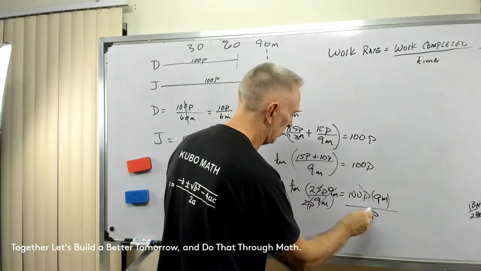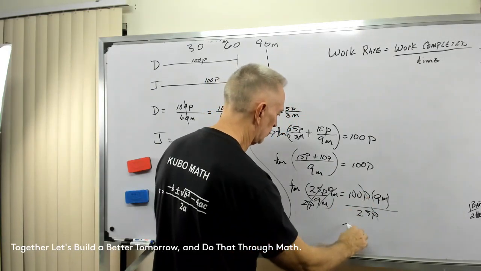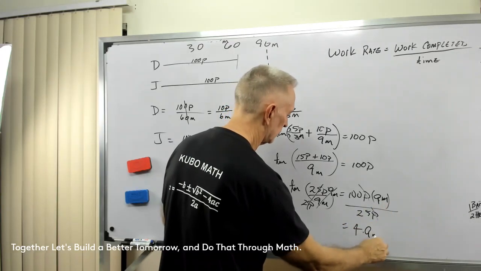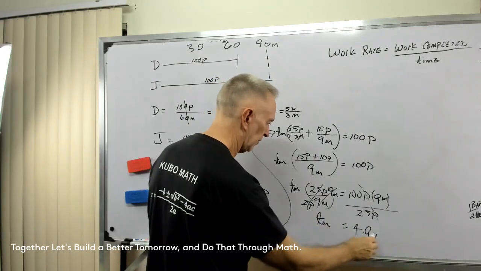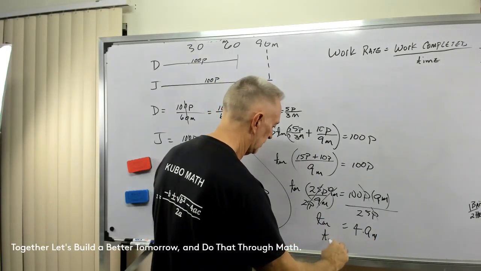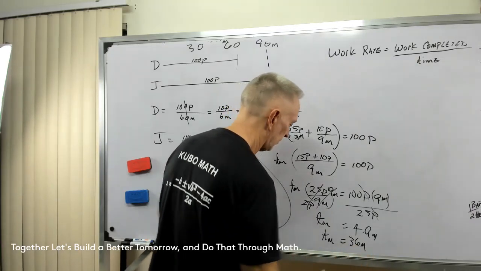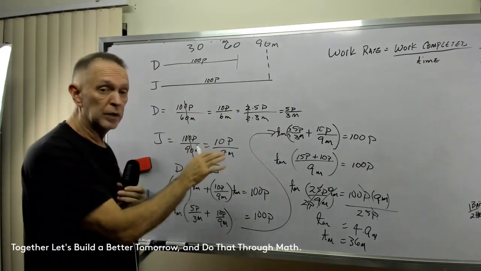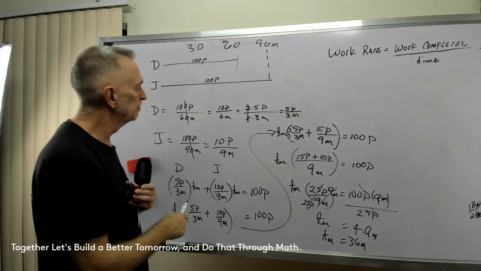Now on this side, papers divided by papers cancel. 100 divided by 25 is 4 times 9 minutes, and that equals time in minutes, which is 36. Time in minutes equals 36 minutes. That would be the length of time it would take the two of them collectively to deliver 100 papers.